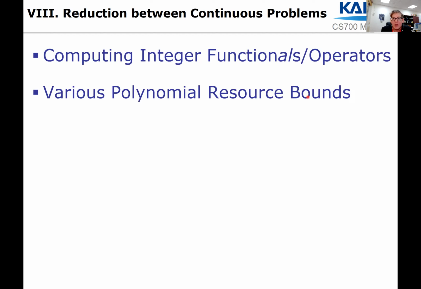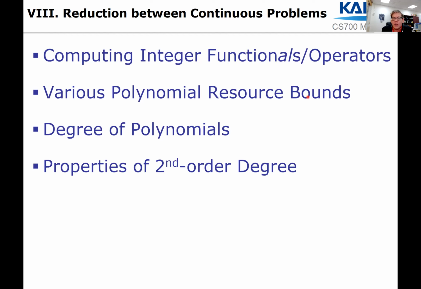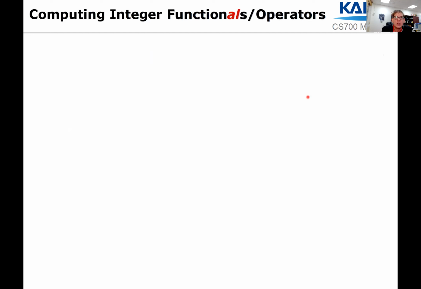And then we'll recall various types of polynomials used to bound the computational costs, resources, such as running time or memory. And then we'll recap various notions of degrees of such polynomials. And in particular, we will introduce second order polynomials and discuss the degree of second order polynomials and its properties. So let's start right away.